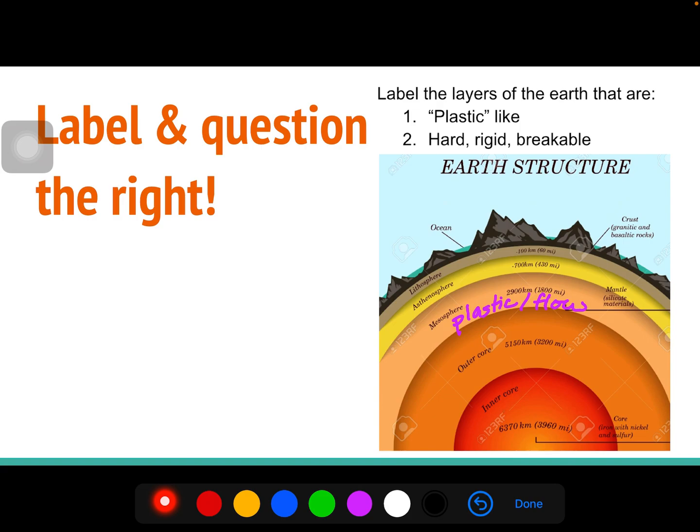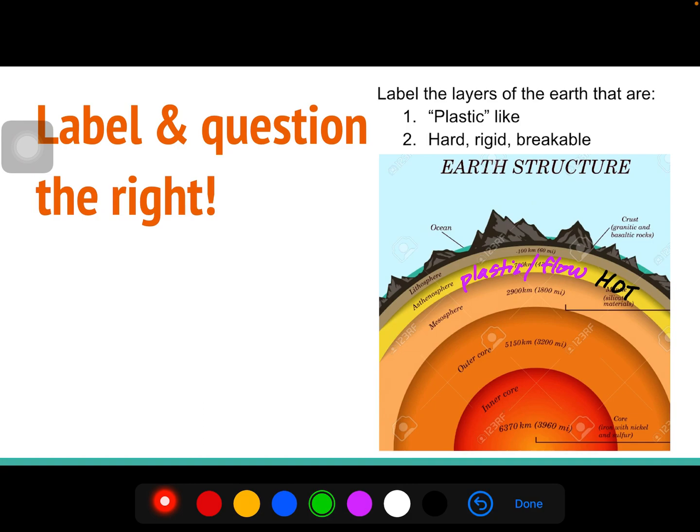And again, that's happening because of the heat that layer has. Oh, I put that in the wrong spot. We want that on our asthenosphere, sorry. This is our plastic or flowing layer because of its heat.